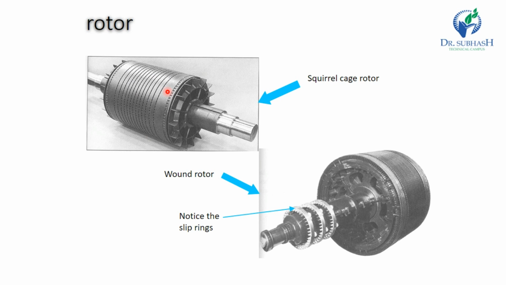Now the question arises in our mind: why does skewing happen in the rotor? First of all, in an induction motor there are a number of problems like noise, vibration, and cogging. We want to reduce or eliminate these problems by skewing either the stator or the rotor.